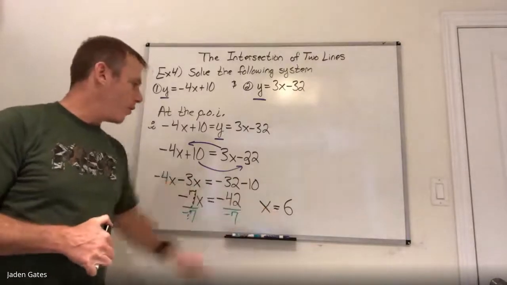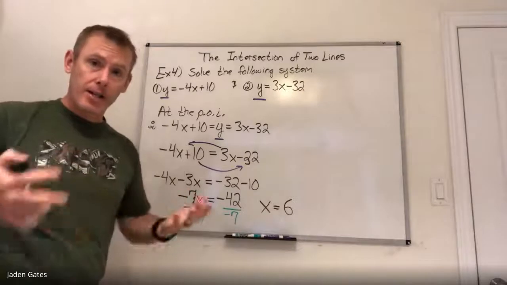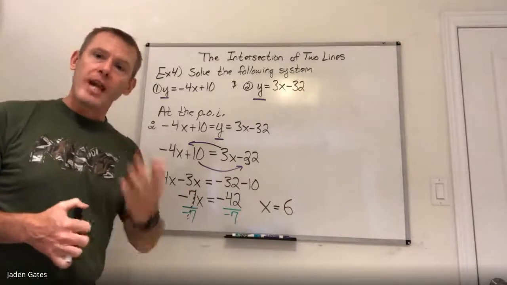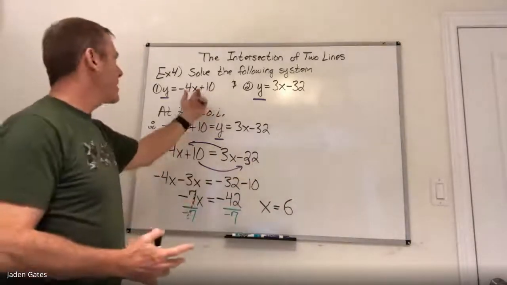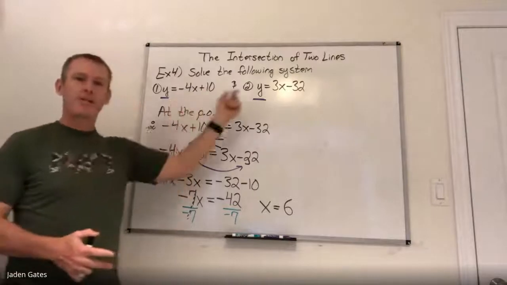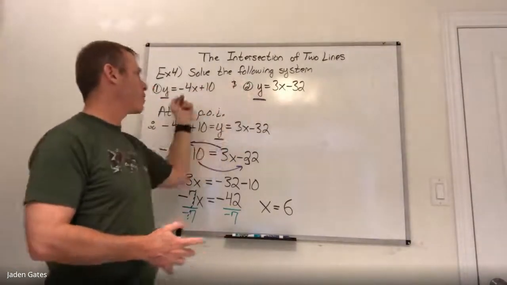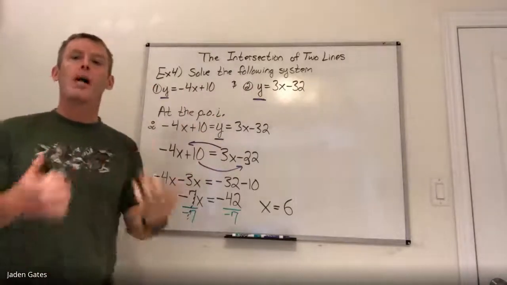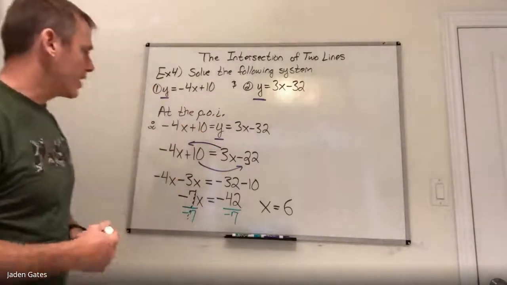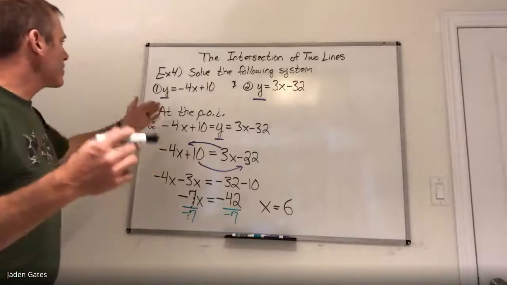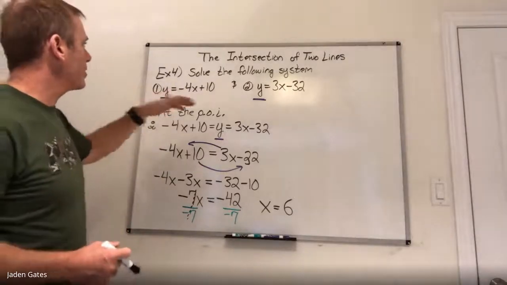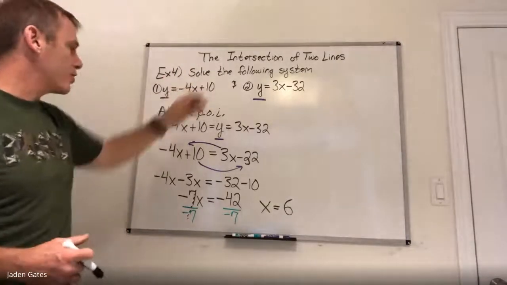All I need now is an equation for y, and then I can get the y-coordinate. We have two of them. Because they have the same x and the same y at the same time, I can use either of these equations to find the y-coordinate. It doesn't matter. I'm going to pick smaller numbers. I'm going to pick equation number 1 here.